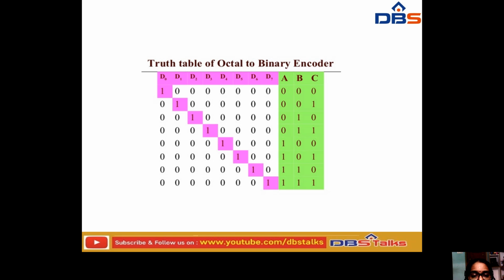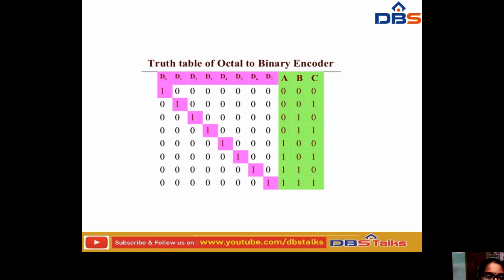So if you have observed the truth table of the octal to binary encoder, it is taking 3 inputs, so that we will get the 8 possible combinations. If a value is 0, b value is 0, c value is 0, then at D0 we have to keep the value 1, and the rest of the remaining things should all be placed with 0.